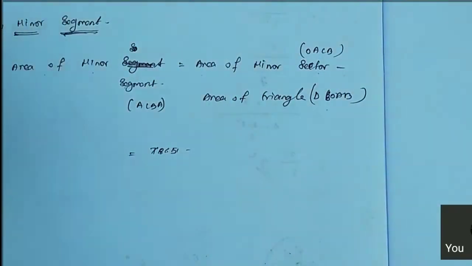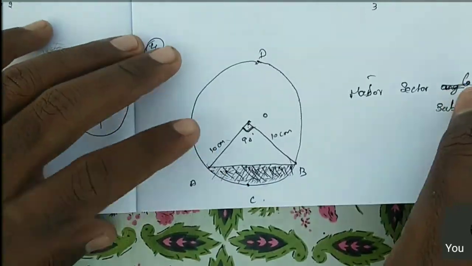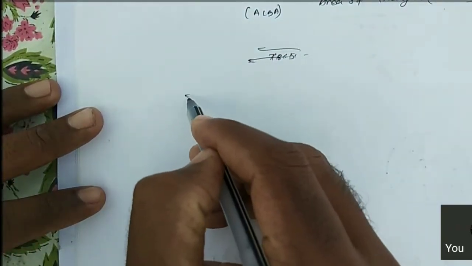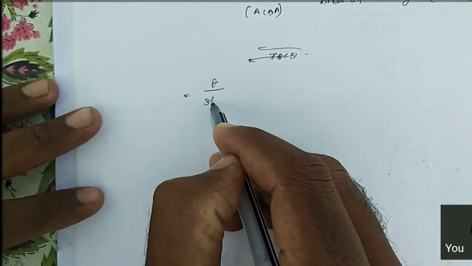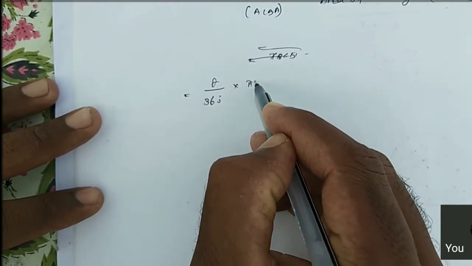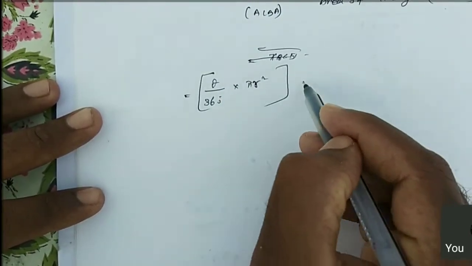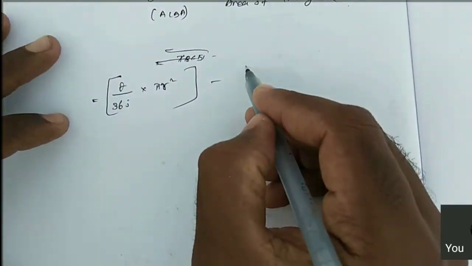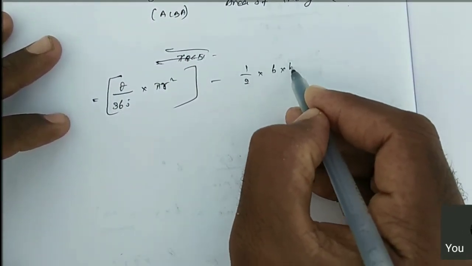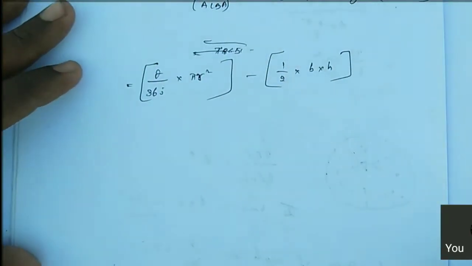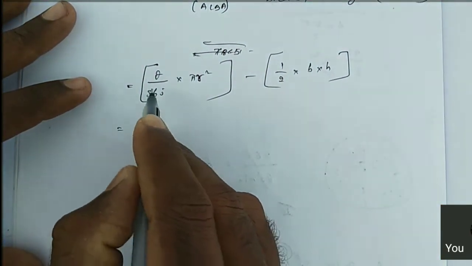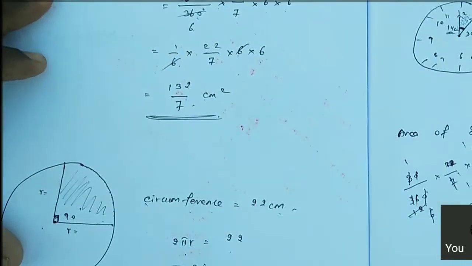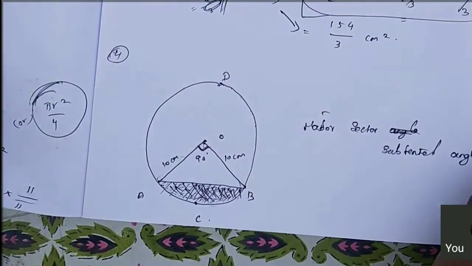So area of a minor sector, what is the formula? Theta by 360 into pi r square, minus area of a triangle. Area of a triangle formula is 1 by 2 into b into h. Very good. Now theta here is 90 degree.